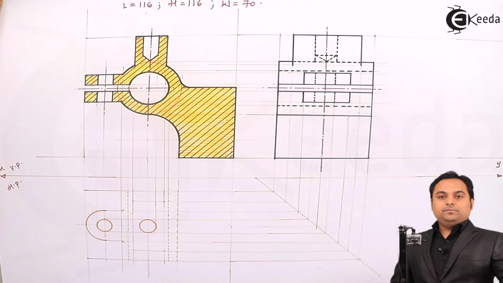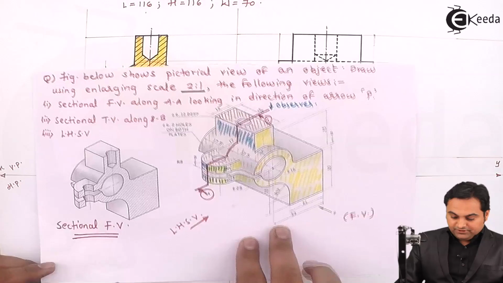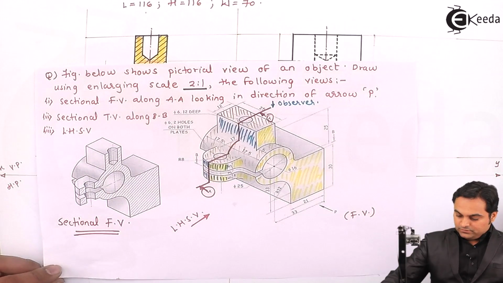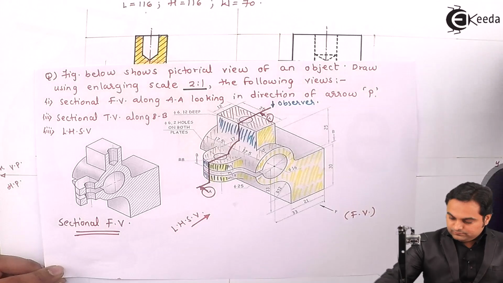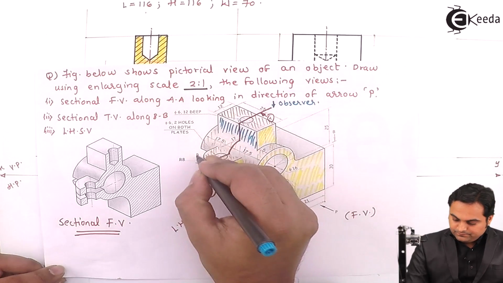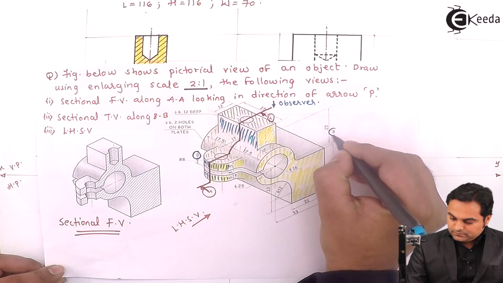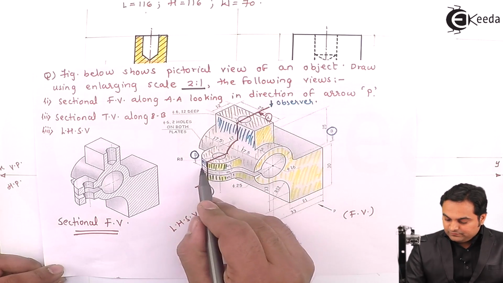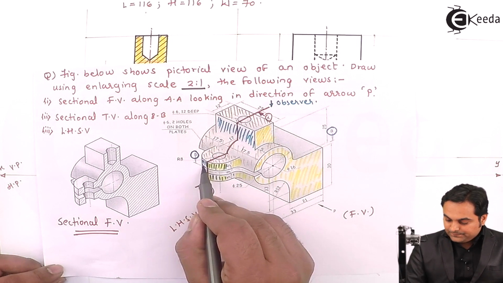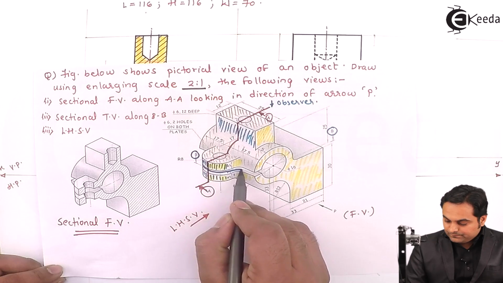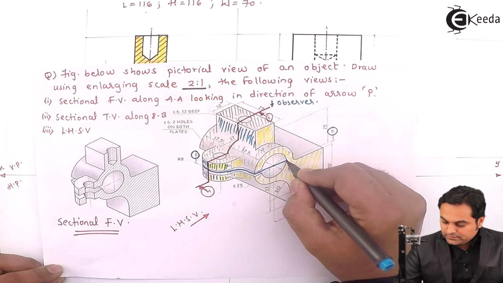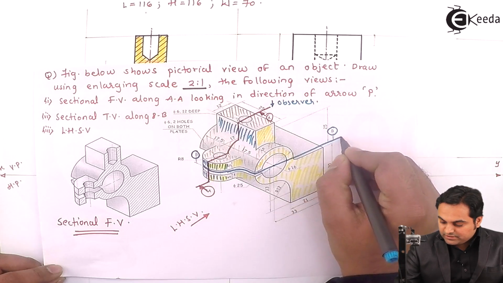Then after completing the sectional front view, here we even have to draw the sectional top view, and that is along BB. So this is the section, meaning here is the cutting plane which is passing through this gap, and about this line.